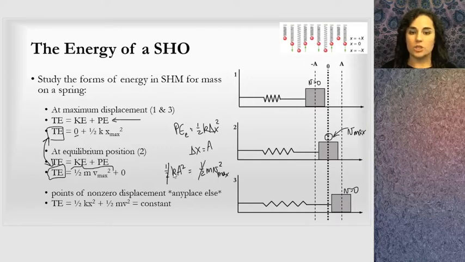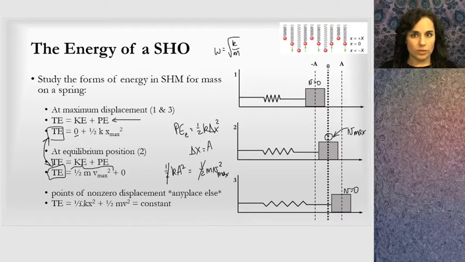I get a relationship between the amplitude and the maximum velocity, moderated by the spring constant and the mass. The spring constant and the mass combine together in order to form our omega. Remember, omega is the square root of k over m. And you can see that in the equation. If I divide by m on both sides and take a square root, I would have omega in there.